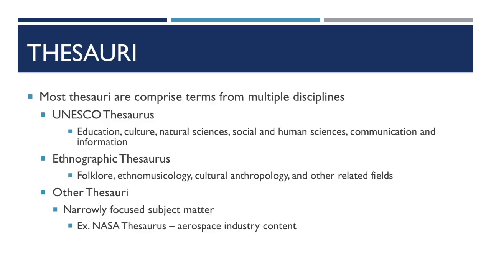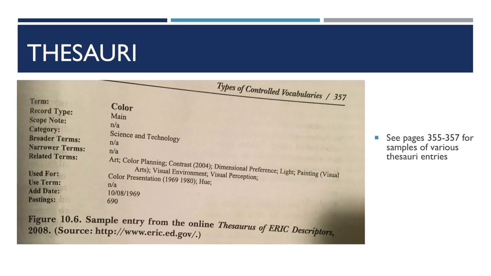So all the content within there will be terminology and jargon and things like that used only within that industry. And then here is an example. Actually, the book gave a few examples of various thesauri entries, and you can find those on pages 355 to 357.